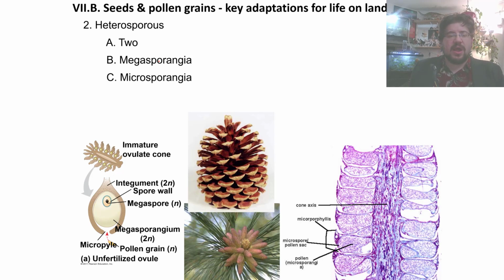All the seed plants are heterosporous. Hetero meaning different, right? And sporous meaning we're referencing the spores. So essentially, the spores produce the two sexes. So we have megaspores and microspores, right?